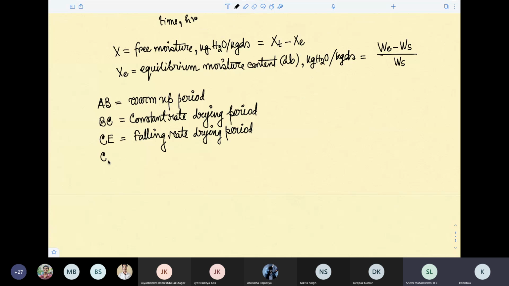Now CD is the first falling rate drying period, and DE is the second falling rate drying period. Can you just give me a minute?